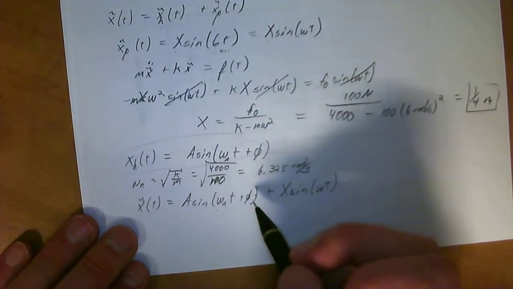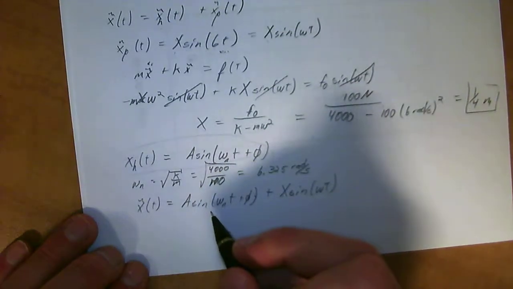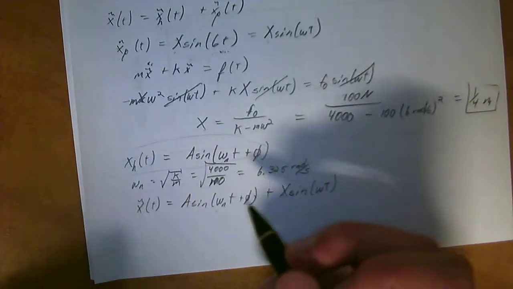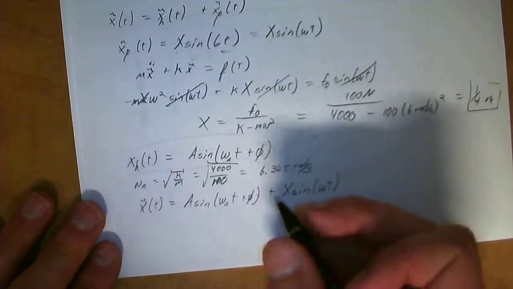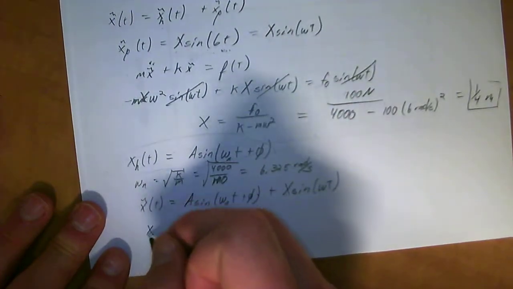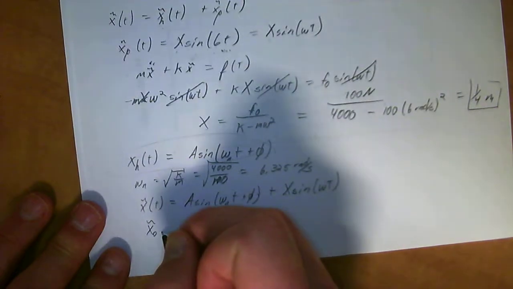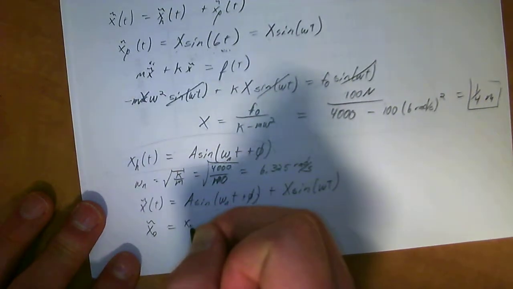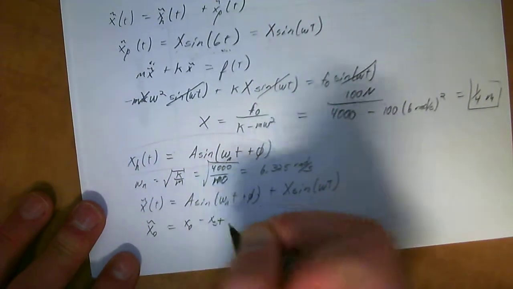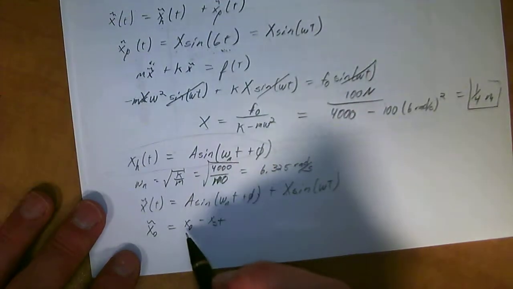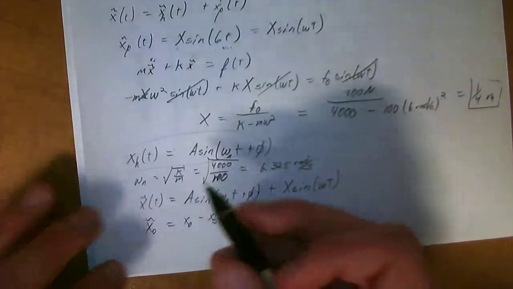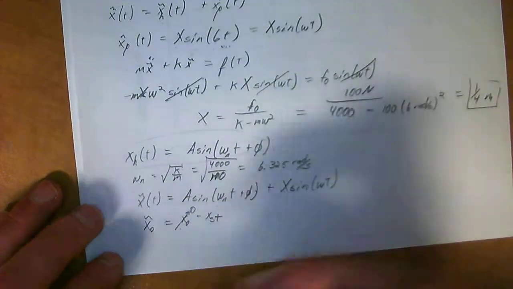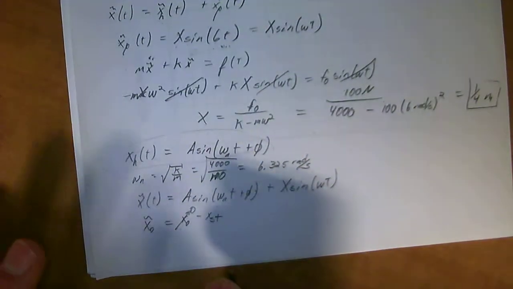But in order to do this, we're going to use the initial conditions that were given, which are zeros. So the x displacement is 0 and the x velocity is 0. So if you're looking at x naught tilde, which is the original displacement, you've got x naught minus x_st. Well, we know that x naught, the original displacement of the entire system, is equal to 0, because our initial conditions are 0.